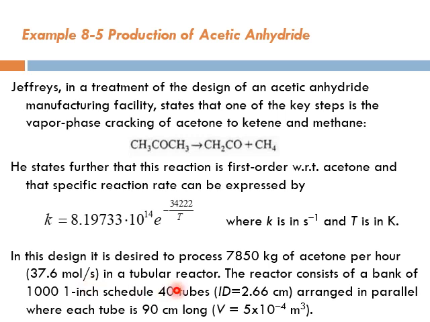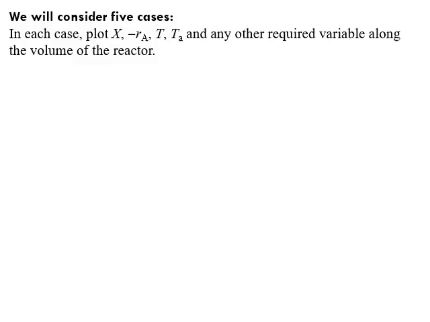The reactor consists of a bank of 1,000 1-inch schedule 40 tubes with a given inner diameter, arranged in parallel, where each tube is 90 centimeters long. So we have the total volume. That means this feed will be divided over 1,000 tubes.